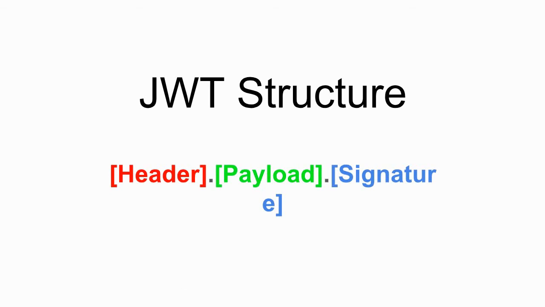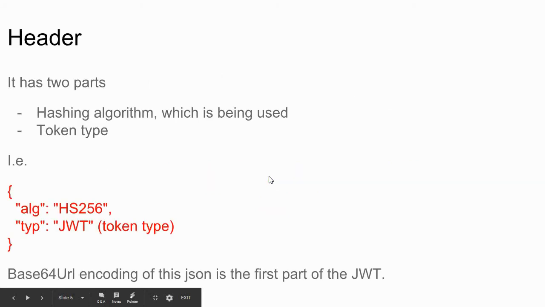So JSON Web Token consists of three parts: header, payload, and signature. Let's check each part in detail. Header. It has two parts: token type, which is JWT, and hashing algorithm, which is being used, such as HMAC SHA256 or RSA.